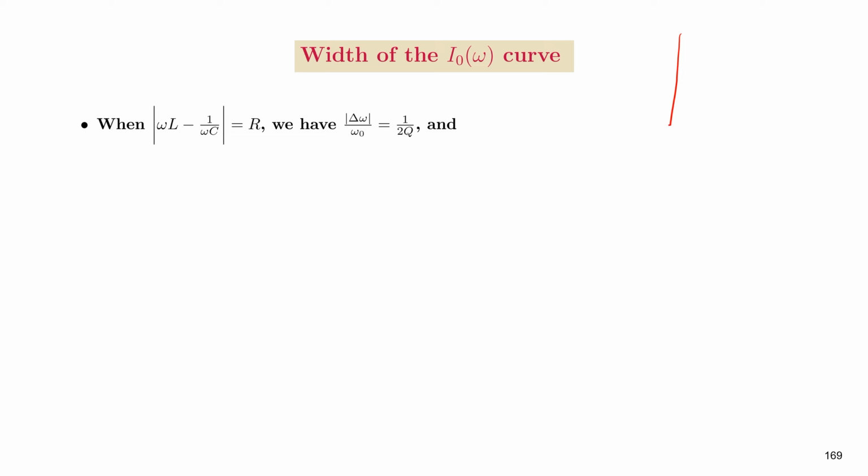We shall now find out the amplitude of current at this particular point. So this is omega 0 and this is omega equal to omega 0 plus delta omega. And what would be the amplitude of the current at this point? So this is current, instantaneous current. Let us call this as I dash t.